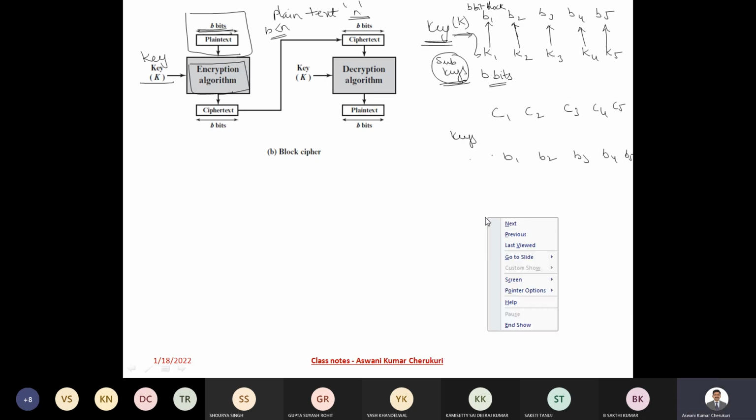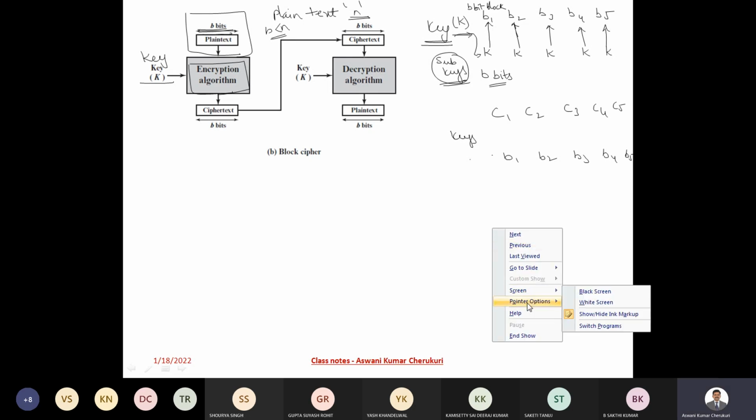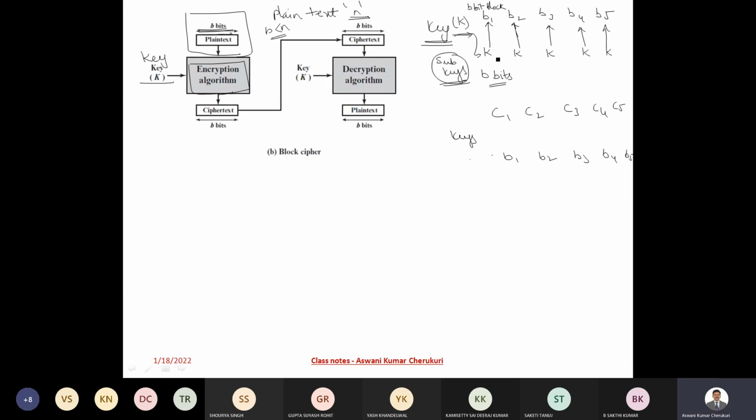Let me write like this, it's only K. We will come to the subkeys a little later.